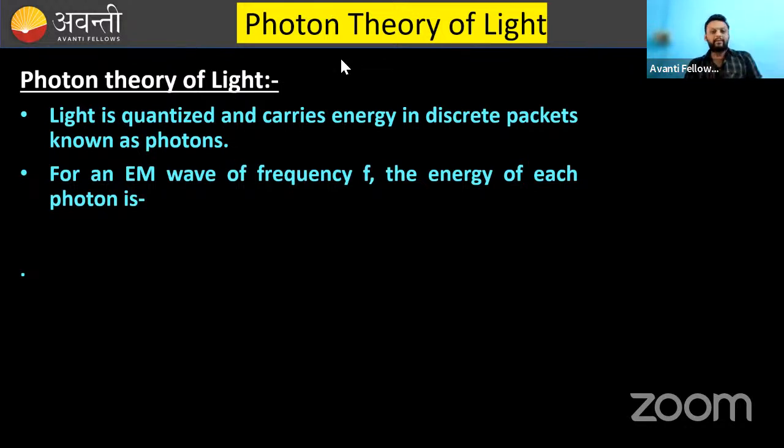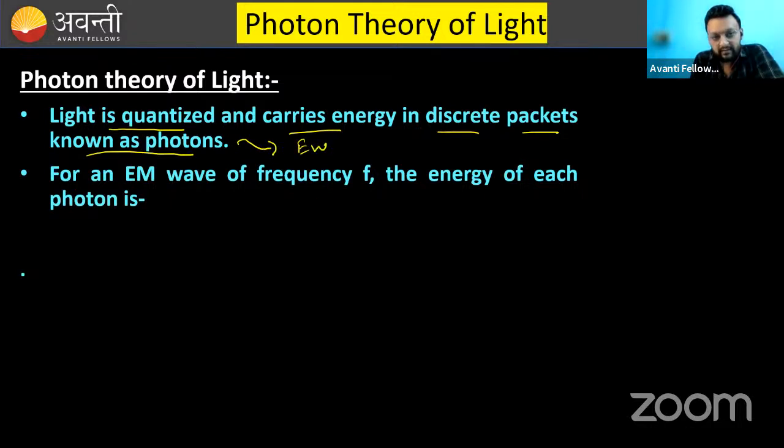Okay. So light is made of particles, and these particles are known as photons, and these photons are also called packets of energy. So what is mentioned here on your screen, light is quantized and carries energy in discrete packets known as photons. These photons are generally called energy packets.